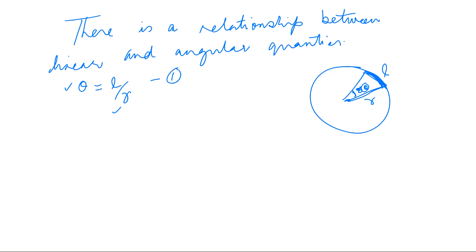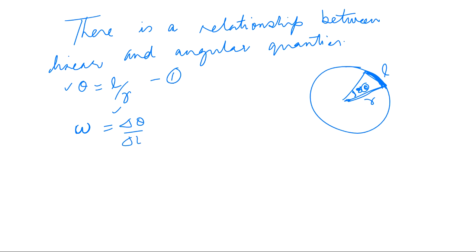Delta theta is a displacement. Delta x is also a displacement. Delta L will also be a displacement. So there is a relationship. In the same way, we have angular velocity, which is nothing but delta theta over delta t.